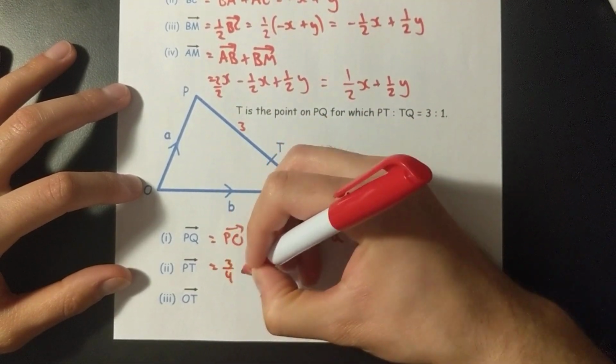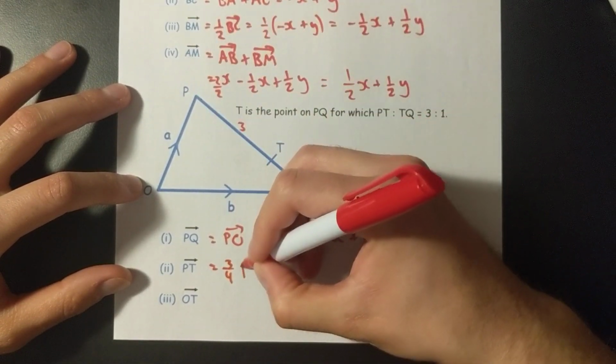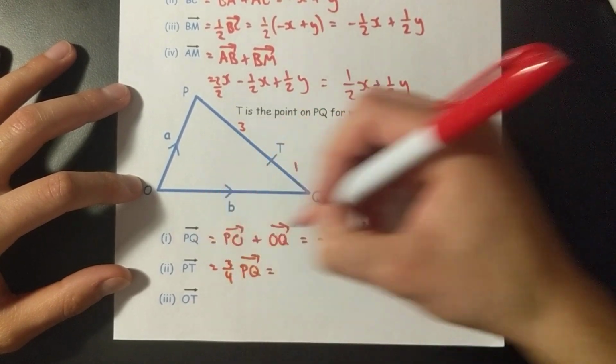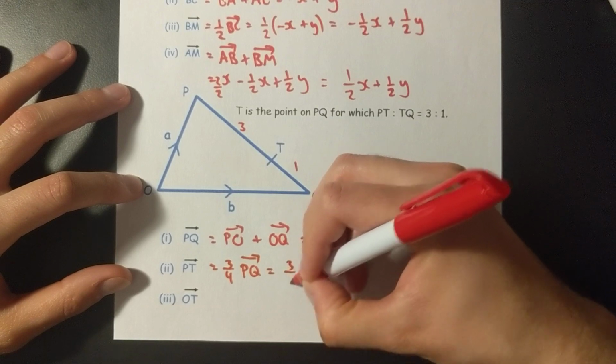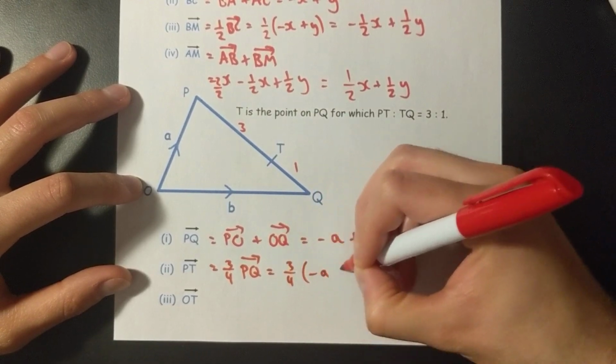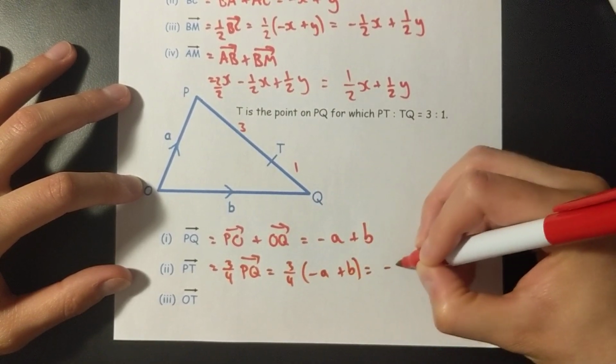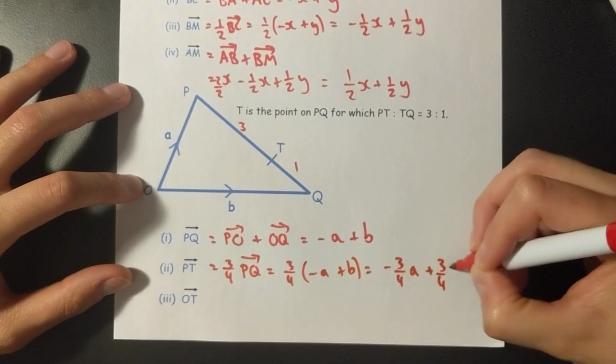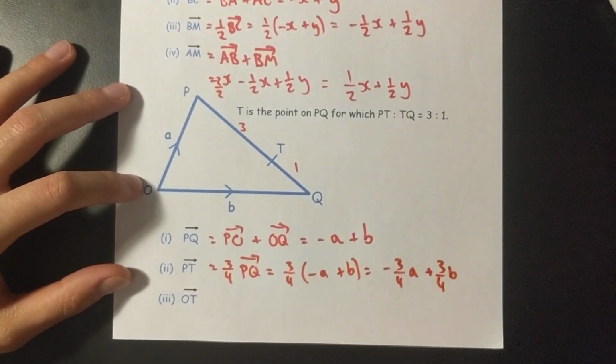That is 3/4 of the way along from P to Q. Well, I know what P to Q is. So it is 3/4 of negative a plus b. That is negative 3/4 of a plus 3/4 of b.